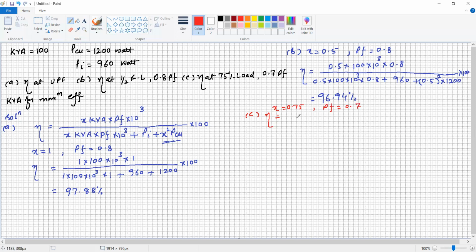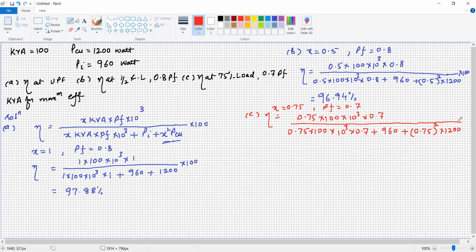So efficiency is equal to 0.75 into 100 into 10⁻³ multiplied by 0.7, divided by 0.75 into 100 into 10⁻³ multiplied by 0.7 plus iron losses, the constant losses, 960, plus copper losses, which depend upon the percentage of load, 0.75 square multiplied by 1200.